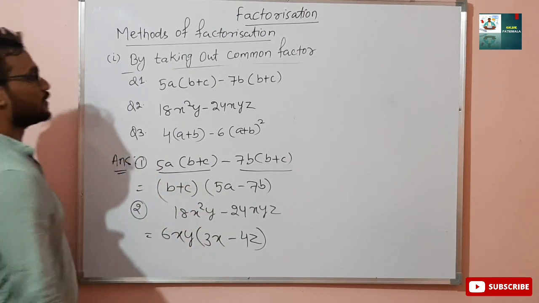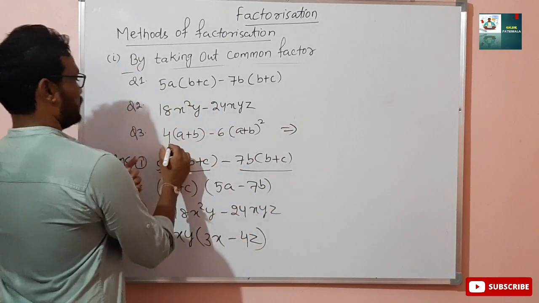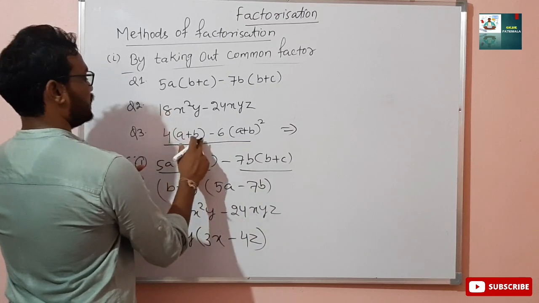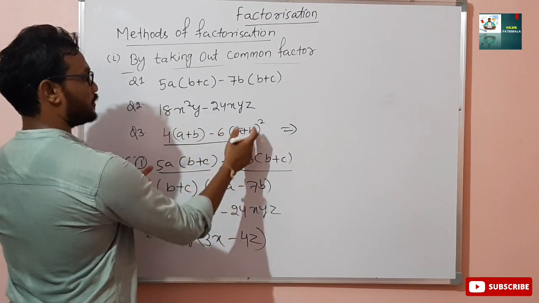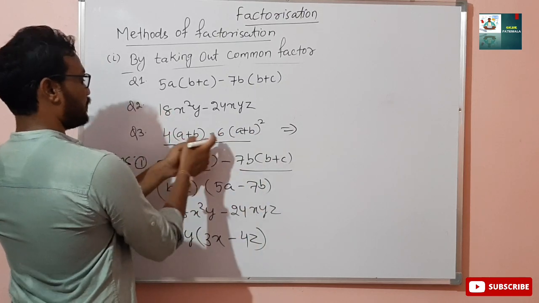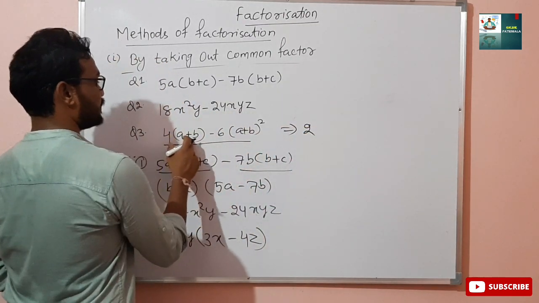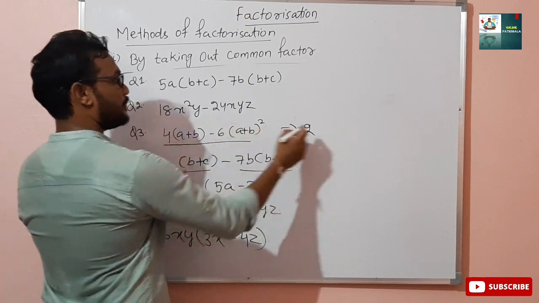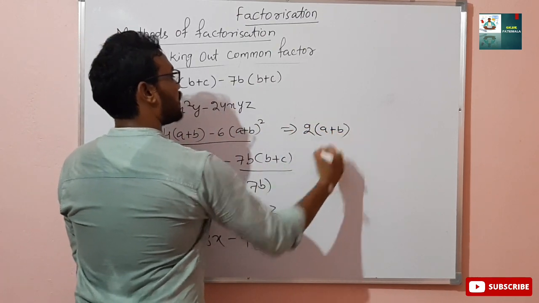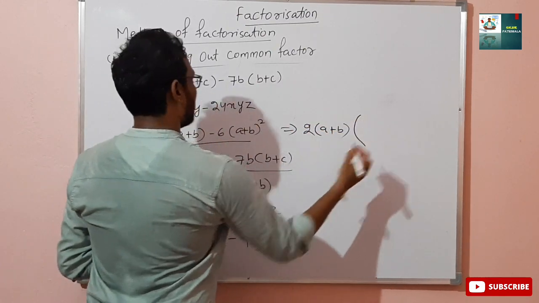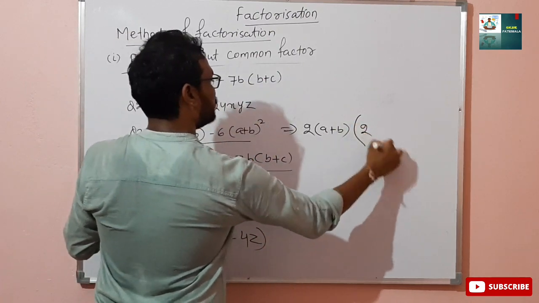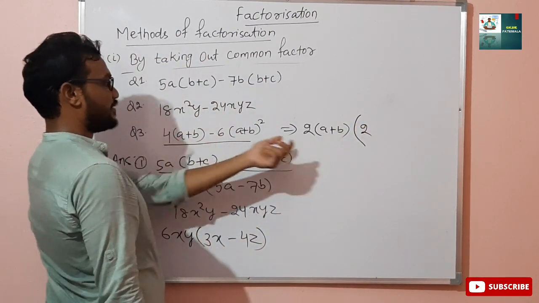Okay. So now come to the third one. That is 4(a plus b) minus 6(a plus b) whole squared. Now first of all look at the numbers 4 and 6. 2 is the common factor between 4 and 6. Here a plus b, here a plus b squared. So 1 a plus b will come out, right? Then how much is left here? Only 2, because 4 divided by 2 is 2.